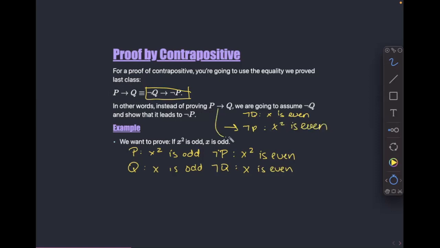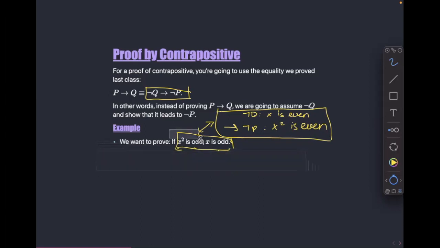And if we can prove this statement, that means we are proving this statement. So that's kind of interesting too, because it's basically saying that these two statements are logically equivalent. So saying if x squared is odd, x is odd is logically equivalent to saying if x is even, x squared is even. So that's an interesting implication of all this.